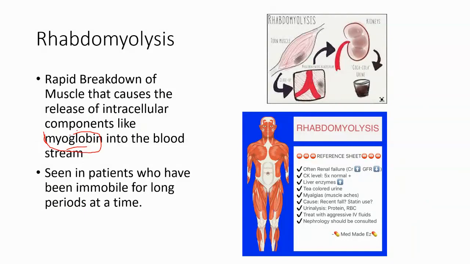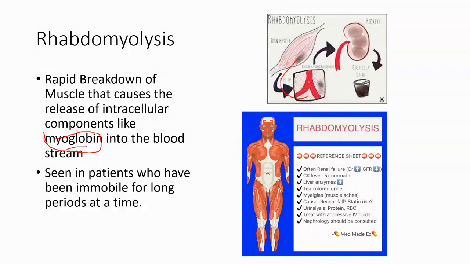It comes from the muscle and moves into the bloodstream. So there's a muscle injury, and the muscle breakdown that occurs because of the injury releases myoglobin, and it then gets into the bloodstream.